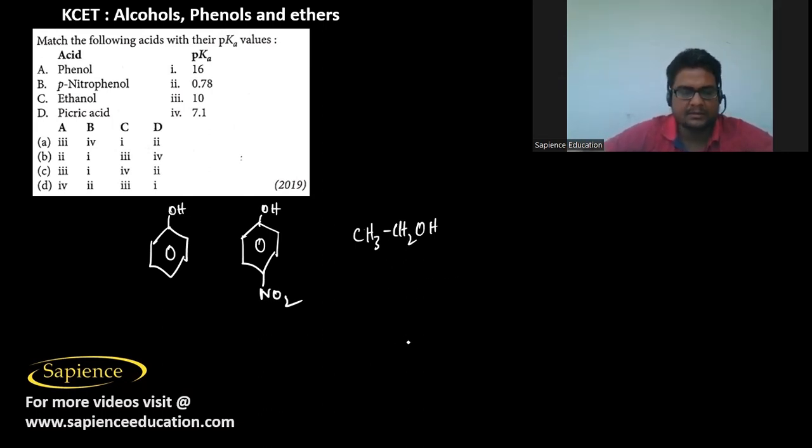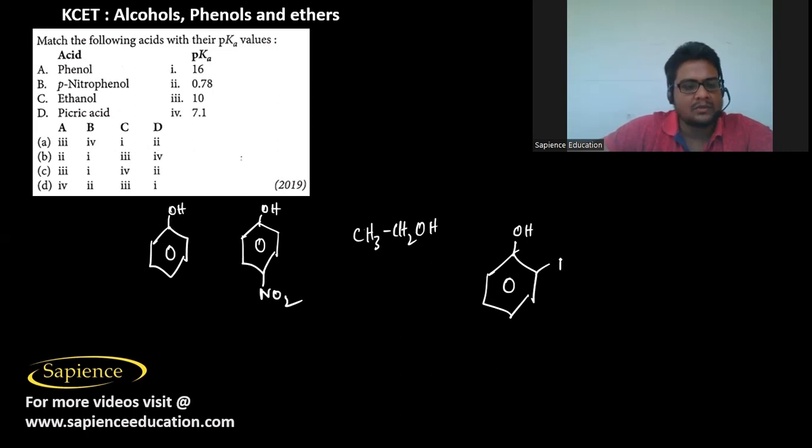Picric acid, how is picric acid? The structure is like this, which is 2,4,6 trinitrophenol.